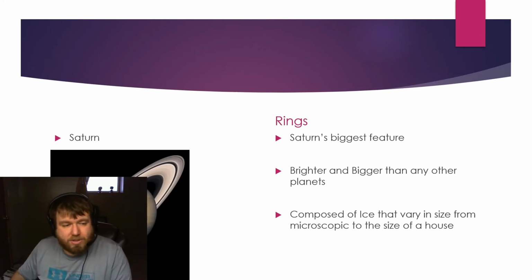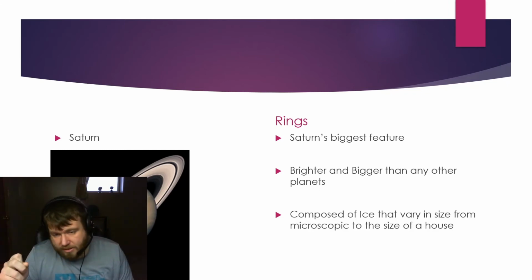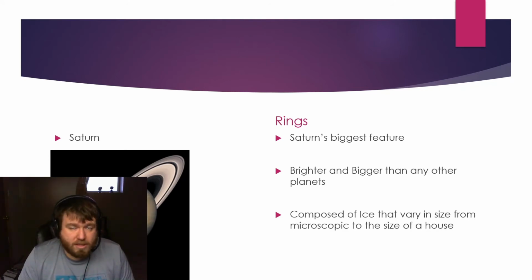And the most striking image that we associate with Saturn is its rings. The rings of Saturn are its biggest feature, and they are bigger and brighter than any other planet's rings. There are other planets that have rings as well, but Saturn's are the ones that are most visible and most striking.